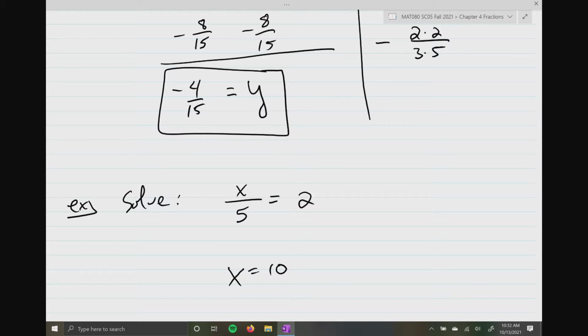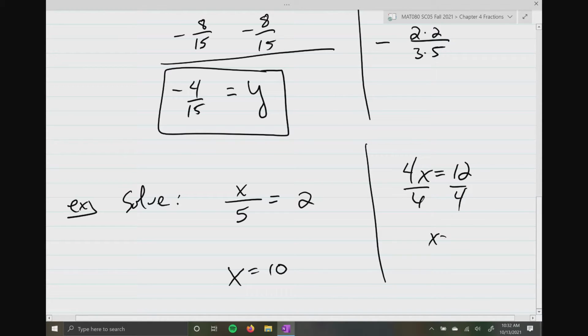Now, remember in the past, you had the addition property of equality. You had the subtraction property of equality. You had the division property of equality. Now, if you forget the division property of equality, that's this problem. 4 times x equals 12, where you would divide both sides by 4 to give you x equals 3.